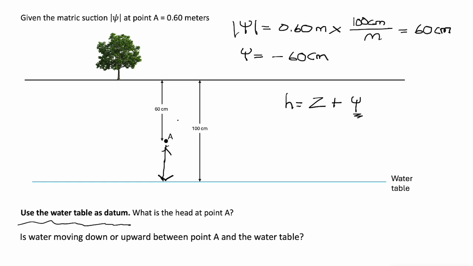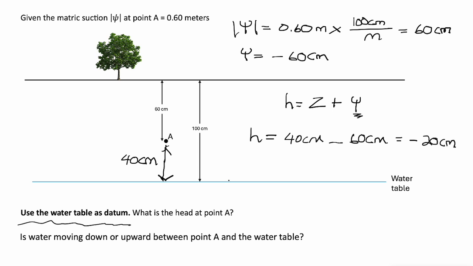We can figure out the value of that number because the total distance from the surface to the water table is 100 centimeters, and from the surface down to point A is 60 centimeters, so this distance above the water table has to be 40 centimeters. So our problem is simply h equals, I'll do it in centimeters, 40 centimeters minus 60 centimeters equals negative 20 centimeters.